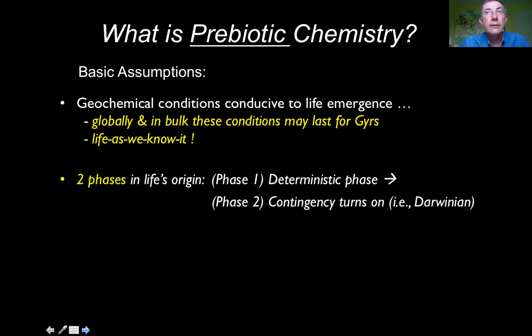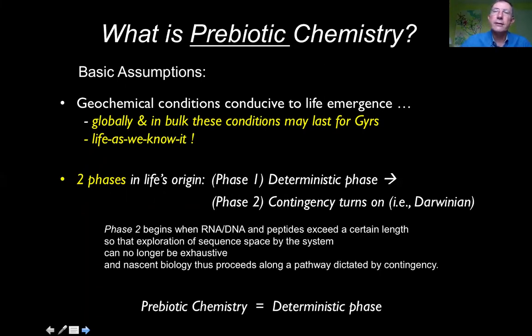But there is the transition to phase 2, and this is when contingency turns on. So in other words, you have to consider those two phases as playing together and interleaving with each other.